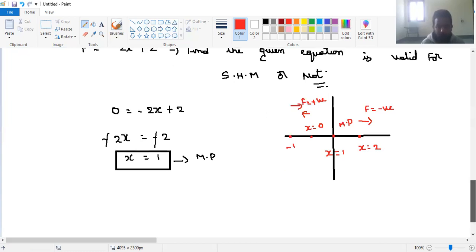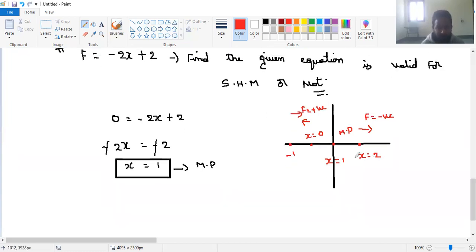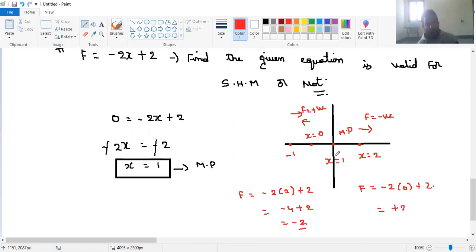So if I am substituting x is equal to 2, then what will happen? F is equal to minus 2 into 2 plus 2, so minus 4 plus 2, which is nothing but minus 2, valid. If I am taking x is equal to 0, minus 2 into 0 plus 2, it will be 2. So for x is equal to 0, I am getting force as positive, and for x is equal to 2, I am getting force as negative.